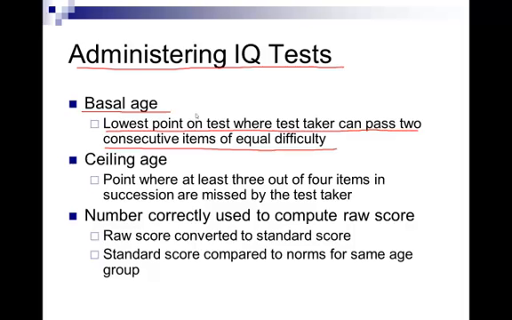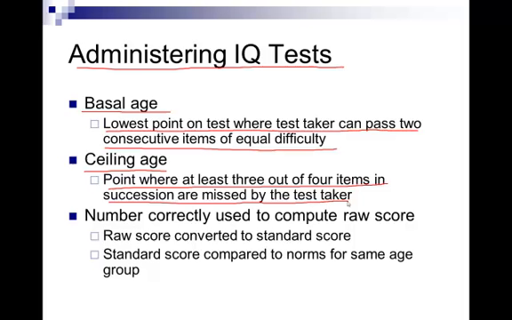So this is sort of like the low end of their ability. Then you have your ceiling age, the point where at least 3 out of 4 items in succession are missed by the test taker. So you reach your level when you keep missing questions. And so you fall between that basal and ceiling age.